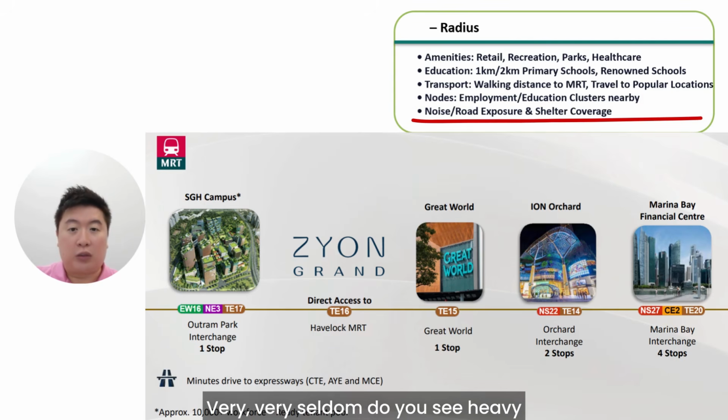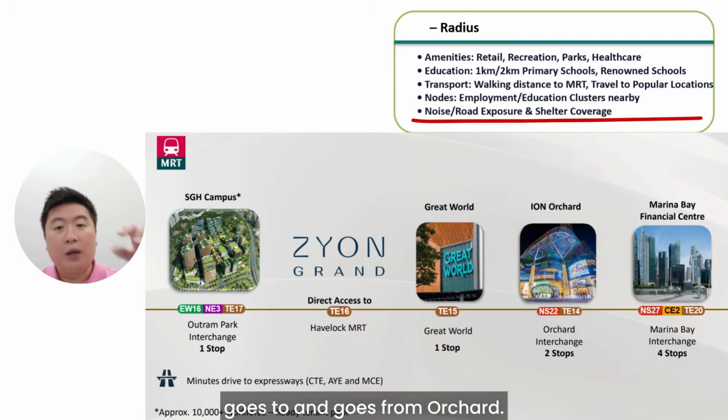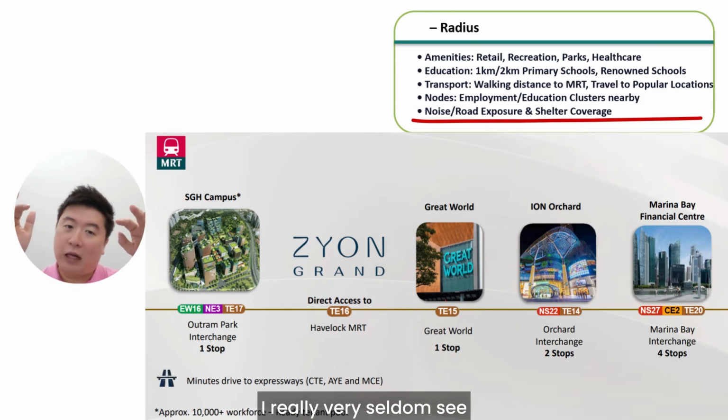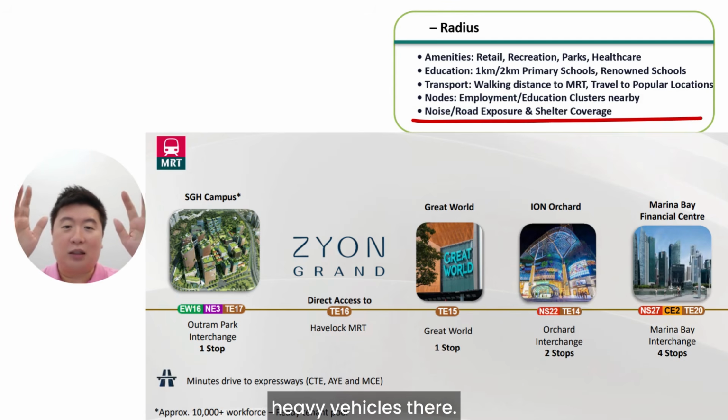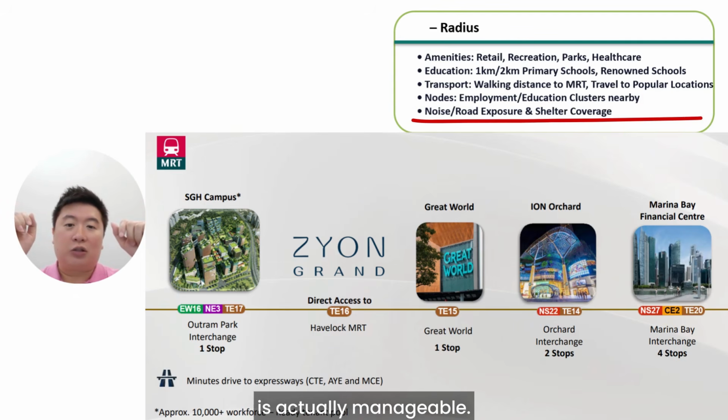Very seldom do you see heavy vehicles on this road because it goes from Orchard. I really very seldom see heavy vehicles there, even during weekday daytimes where you expect more. So I think the noise level is actually manageable.